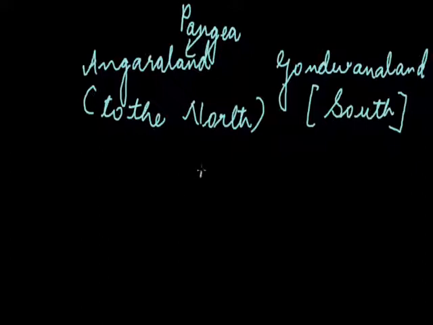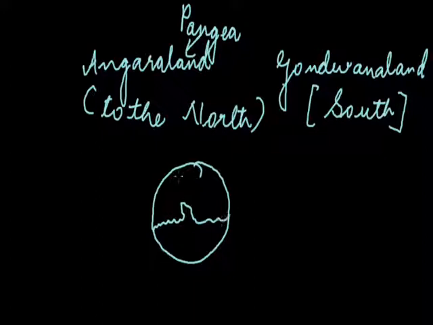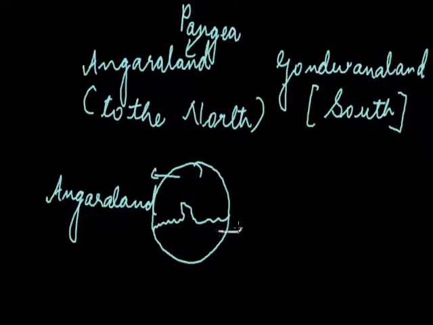Roughly, we can suppose this is the whole continental mass clubbed together in a single land mass, and due to the stress motions, it divided into 2 parts. So this would be the Angara land, and the southern part would be the Gondwana land.